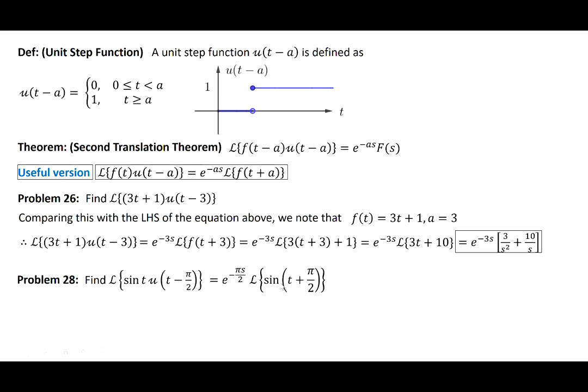Or if you want to say, hey, this looks like sine of a plus b, which is sine a cosine b plus cosine a sine b, that's perfectly fine too. So sine t cosine of pi half, cosine of pi half is 0, so sine t times 0, that is gone. Cosine t sine of pi half, sine of pi half is 1, so cosine t times 1 is cosine t. So that's what I wrote. Cool. And Laplace of cosine t is piece of cake, s over s squared plus 1. So this is the answer.